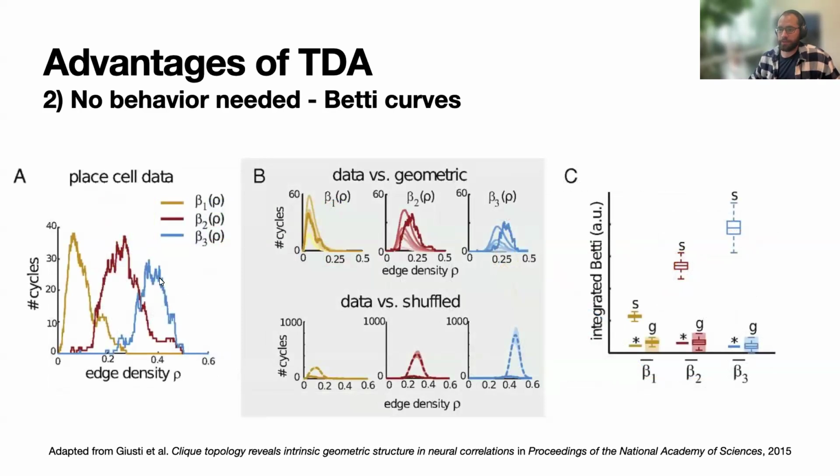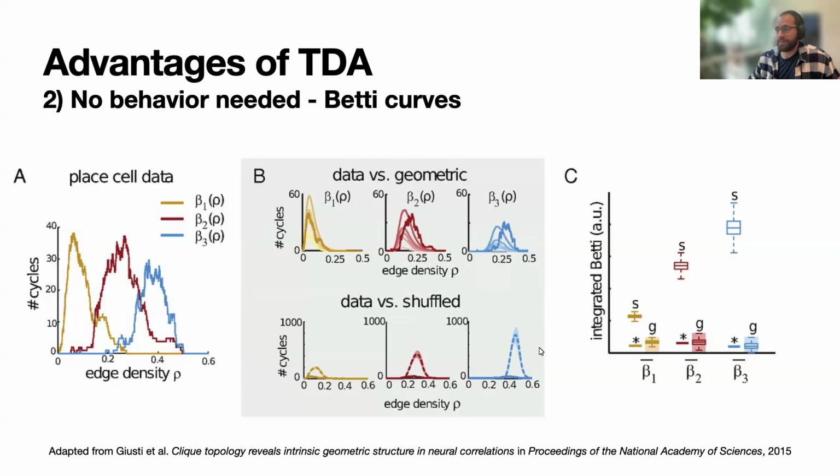So these are the Betti curves from that place cell data, and you'll notice the y-axis only goes up to about 40 here, and you see this decreasing trend as I increase the dimension of Betti. Okay, and so this is the data versus those geometric models, and the data versus that completely random null model. Okay, so qualitatively very different.